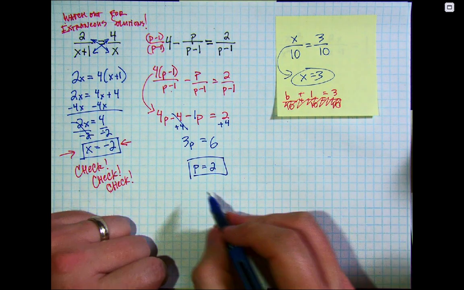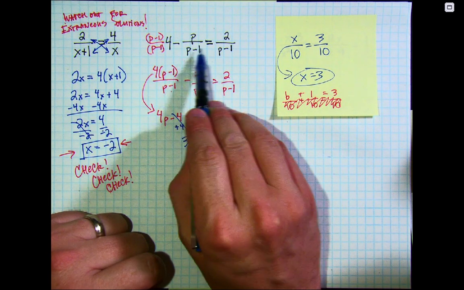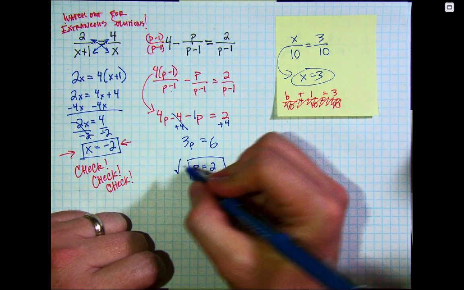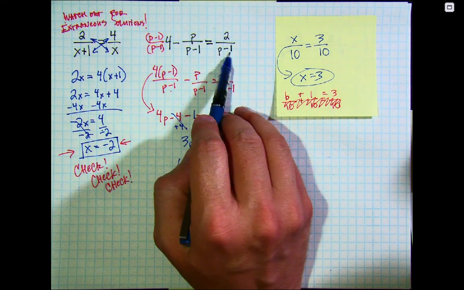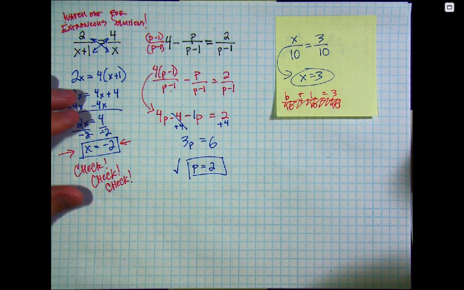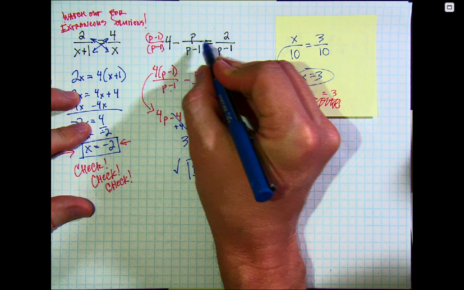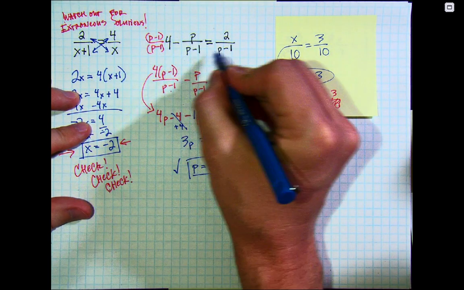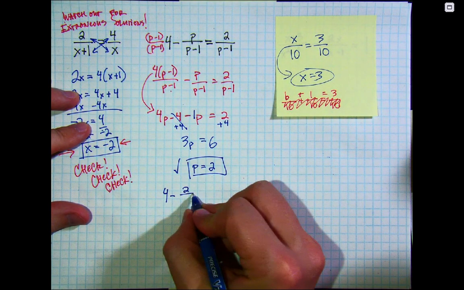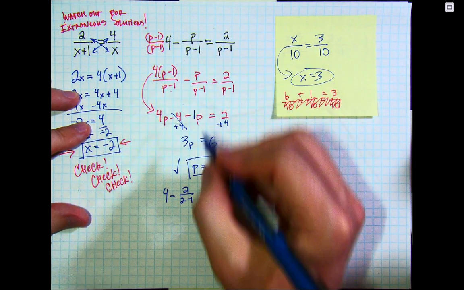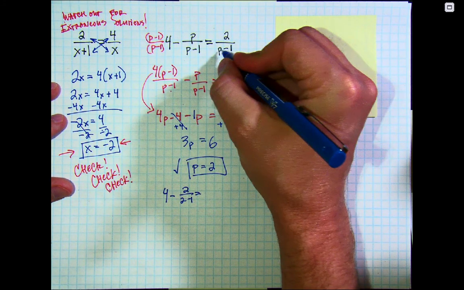Is that one okay? Can p equal 2? Yeah, 2 is fine. And that is my solution. Now, you should also check this by plugging it back in and seeing if it works. So let's just do that real quick. I'll rewrite the original equation, but I'm going to put a 2 everywhere I see a p. So it's going to be 4 minus 2 over 2 minus 1 equals 2 over 2 minus 1.